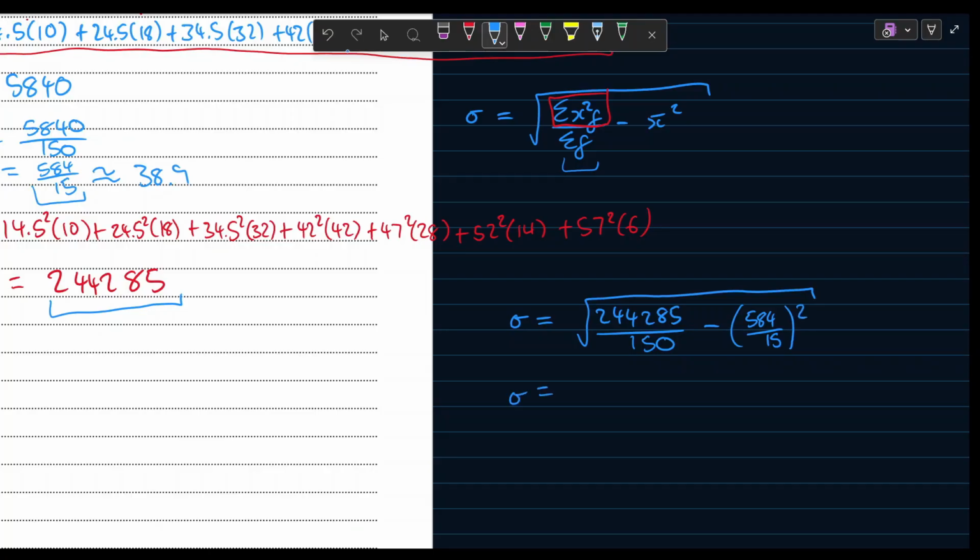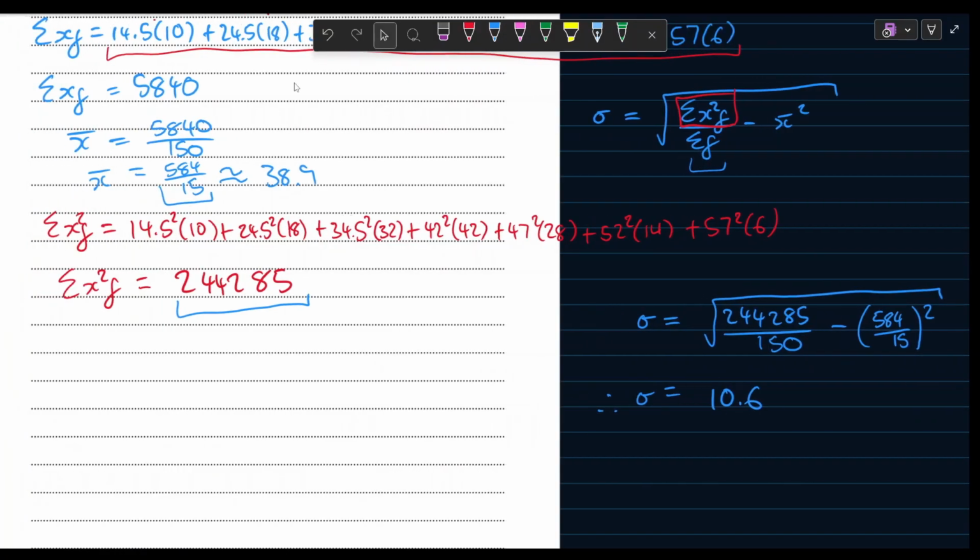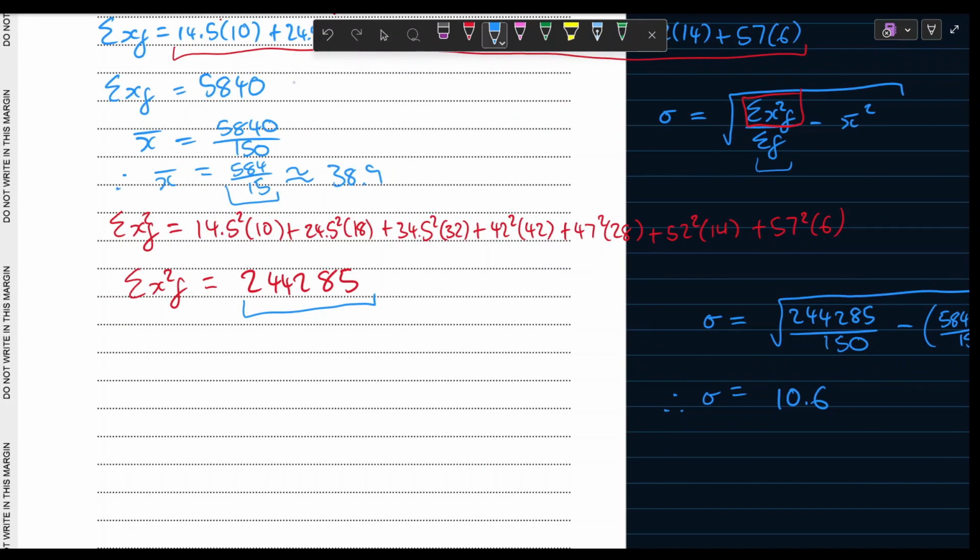The sigma is equal to the square root of 244,285 over 150 minus 584 over 15 squared, and this gives us 10.6. So this here is our standard deviation, and our mean is right here.